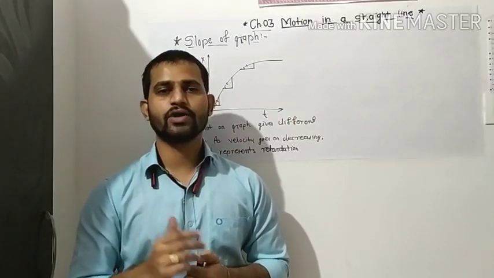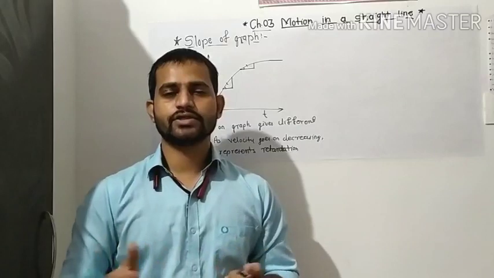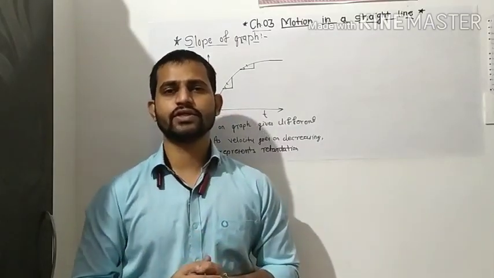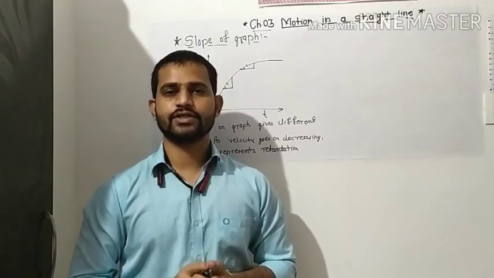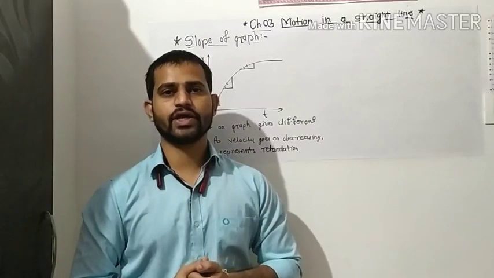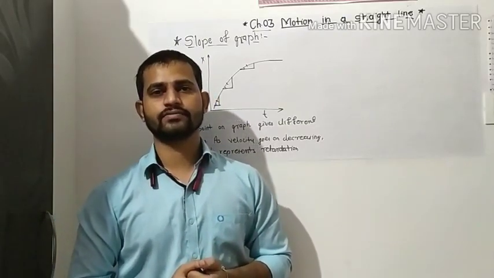So at that time, how can we draw that graph? How can we draw the situation with respect to the x-t curve? This is one application where we can use this.